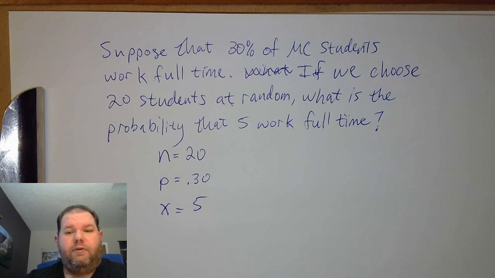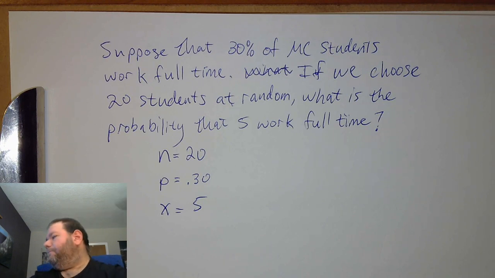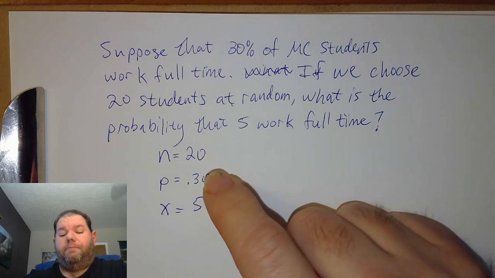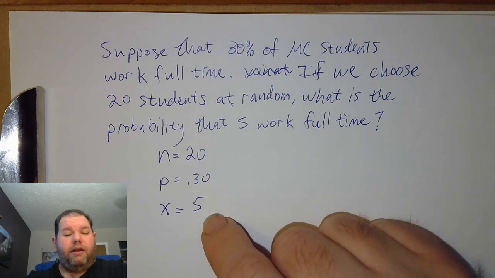In this case, we define success as correctly choosing a student that works full-time versus not. So we want to make sure we pick all three of these values. Now, let me show you on the table in the back of the book first. This is pretty straightforward. We have N equals 20, P equals 0.30, and X equals 5.